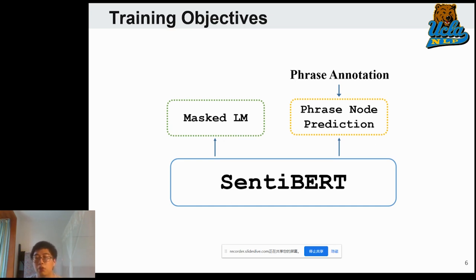And the second part requests SentiBERT to learn to predict the phrase-level sentiment labels based on the phrase representations. This allows SentiBERT to learn to capture the compositional sentiment semantics. And after training on a corpus with phrase-level sentiment labels like SST, SentiBERT can be fine-tuned on other tasks.